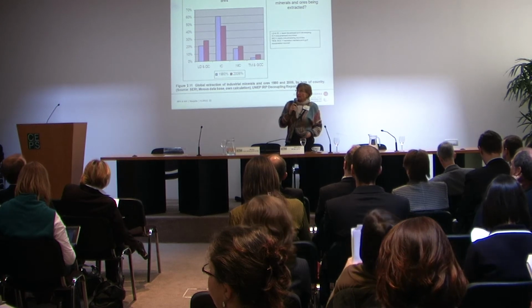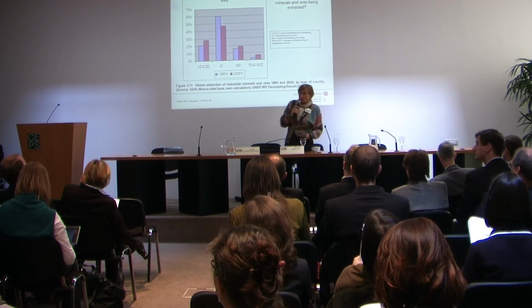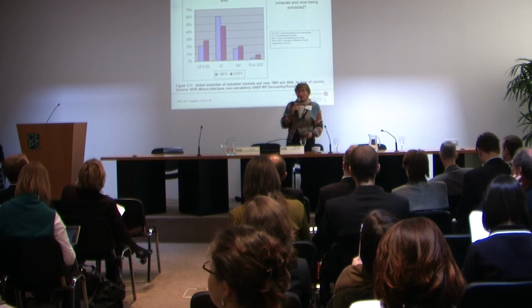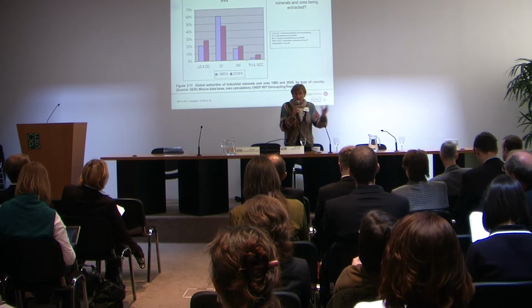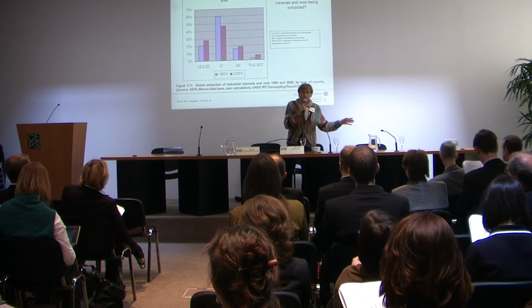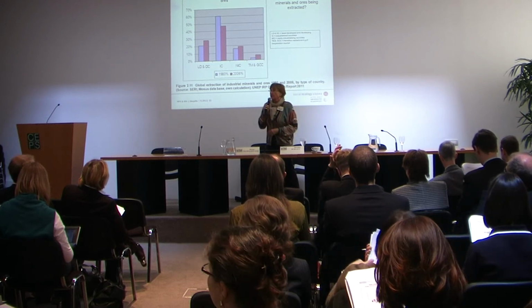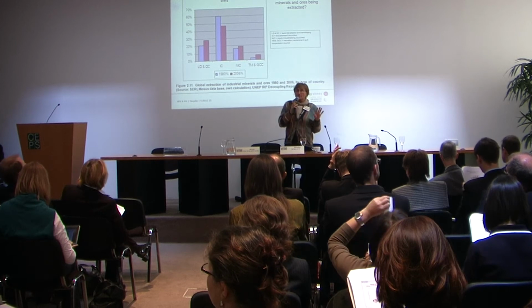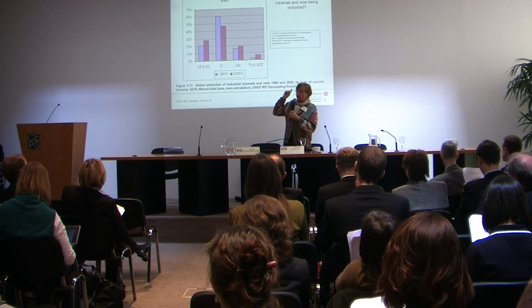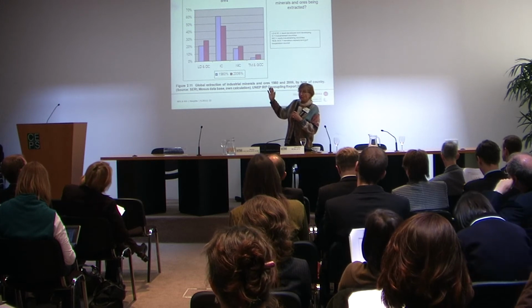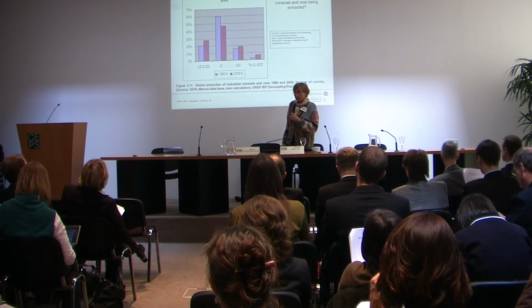We also find that we have a shift in the source of our resources. While still half of the resources we use, biomass, construction materials, metals, all together, is generated in industrial countries, what you see here is a gradual shift towards the developing countries.